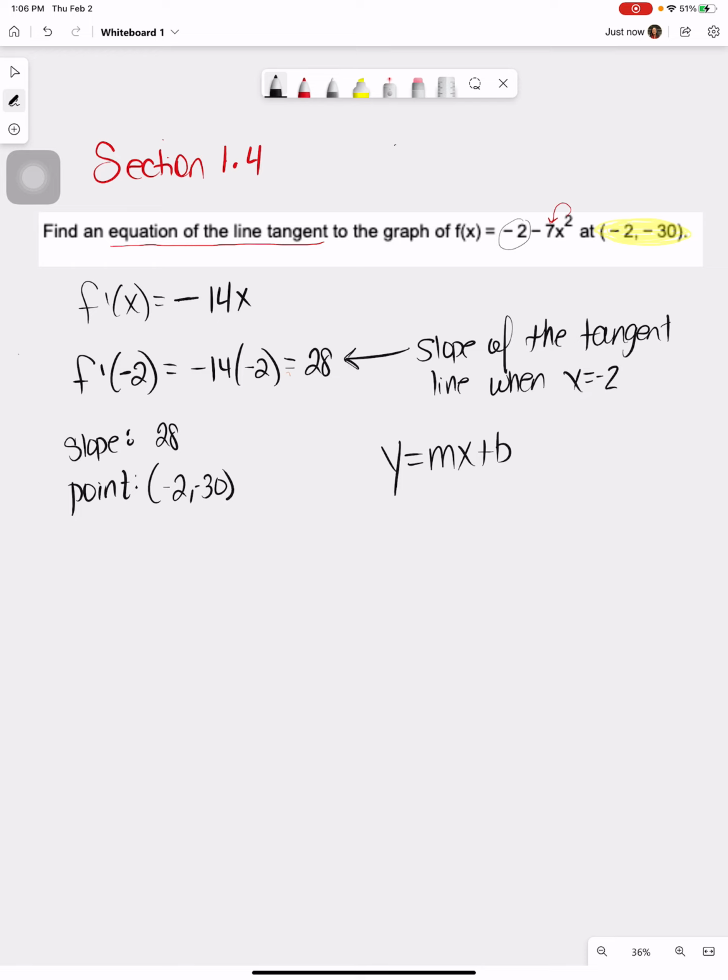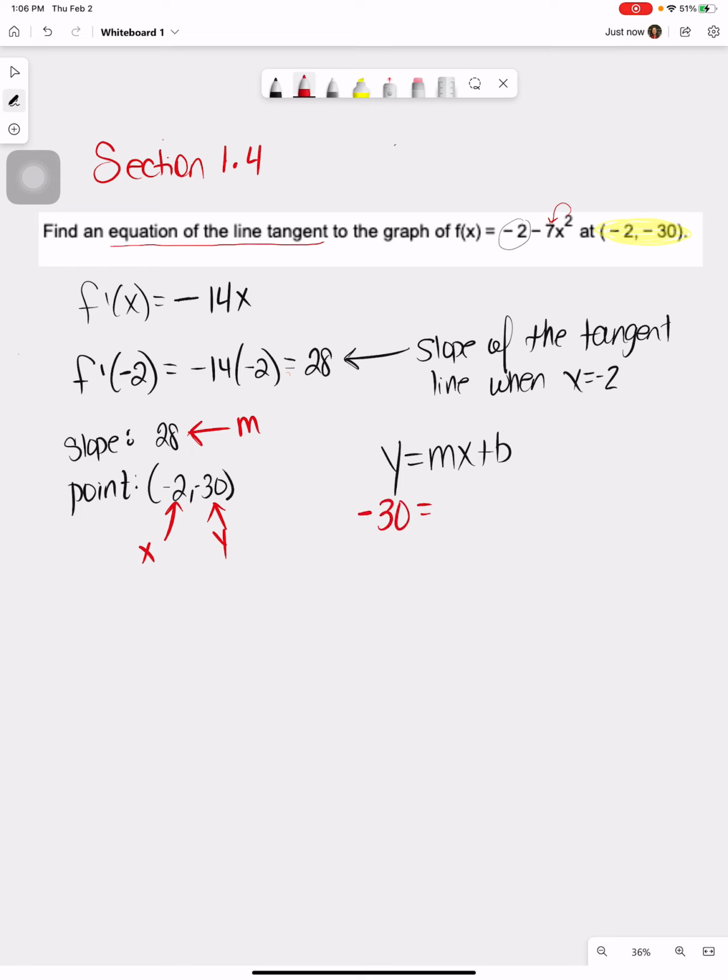And if we use that as our starting point, then what we need to understand is that 28 is our m, that negative 2 is our x, and that negative 30 is our y. So we can take our known information and substitute it where it belongs.